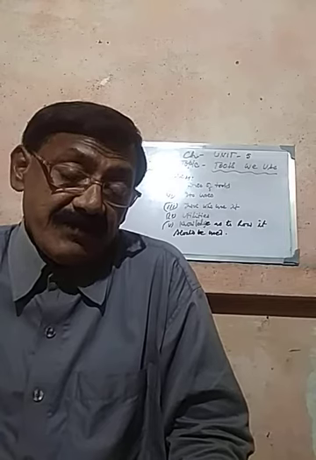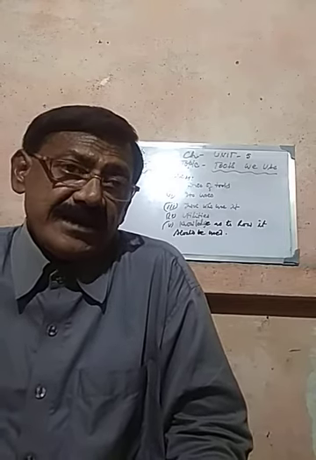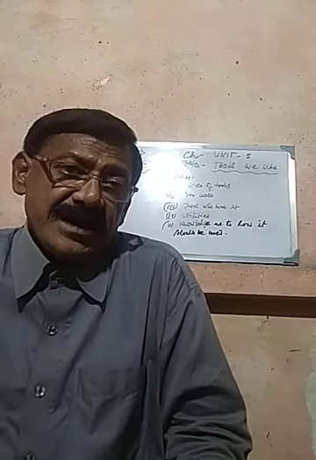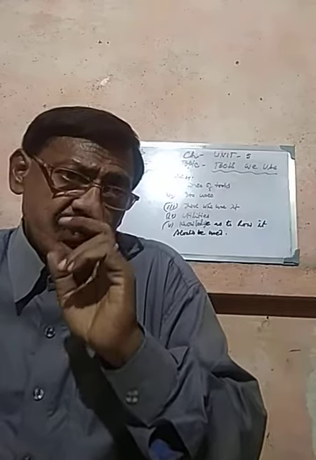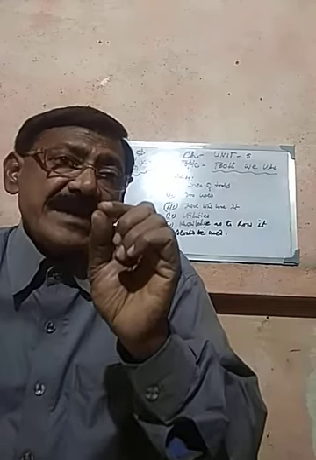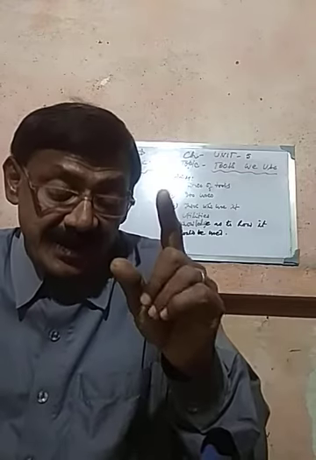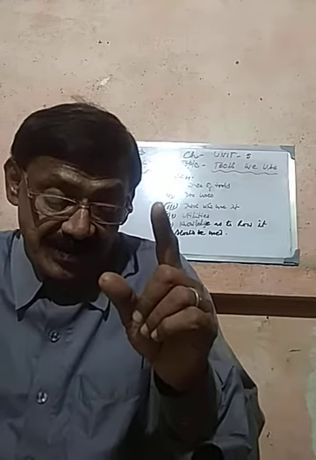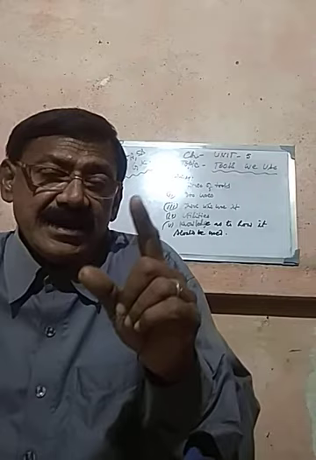I shall give you questions and then you have to identify and answer. For example, if I give you the question, these tools are used by the masons, what do you have to write? You have to write the name of the tool used by the masons. The name of the tool is trowel, T-R-O-W-E-L, trowel.